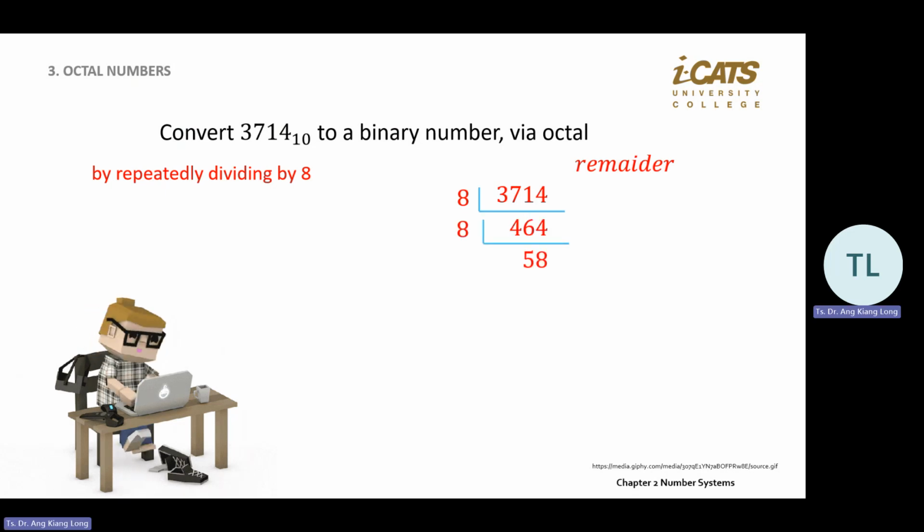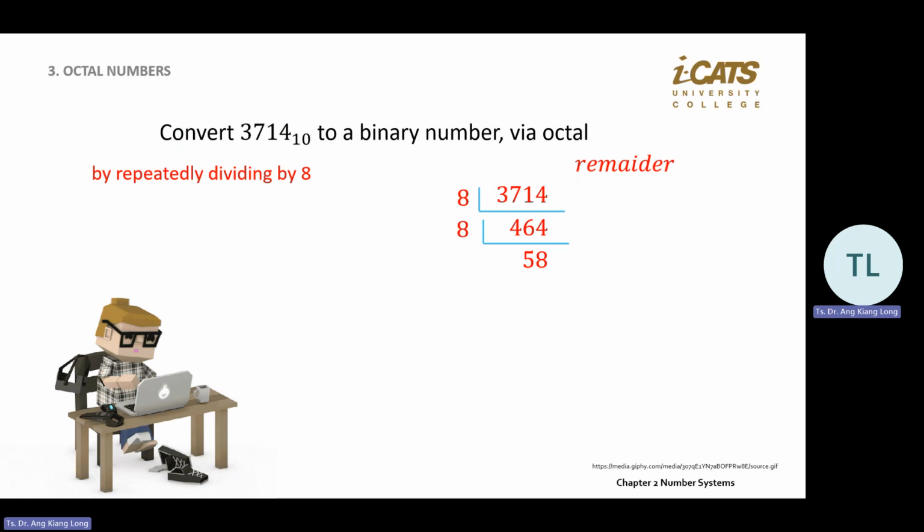Okay, so this is a bit more of your test standard. It asks you to convert base 10 to a binary number via the octal system. Meaning you need to convert 3714 base 10 into base 8, and from base 8 to base 2.